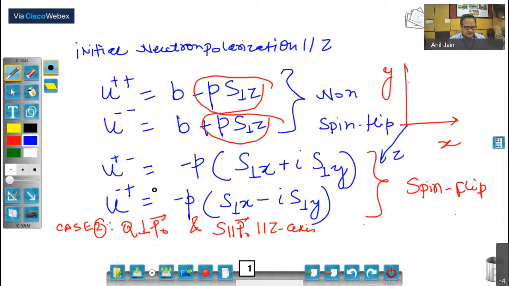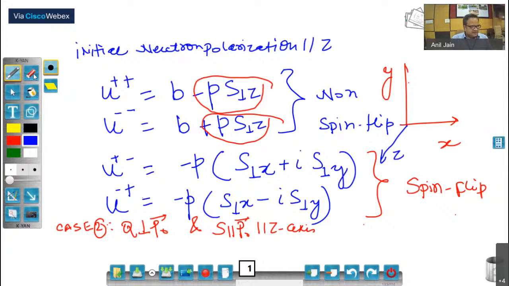So I believe you understand this part number 2. Suppose Q is in the horizontal scattering plane, the polarization of your incident neutron beam is vertical, and suppose this is the direction of Z, and that is the direction of S also. In this case, all your magnetic scattering will go to non-spin flip.